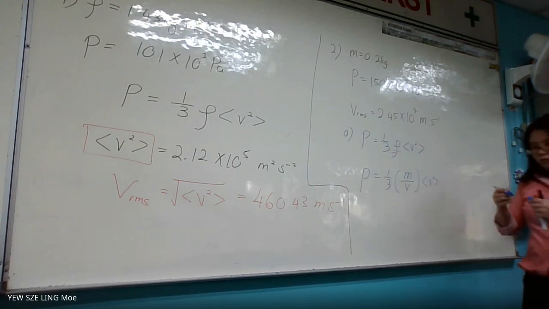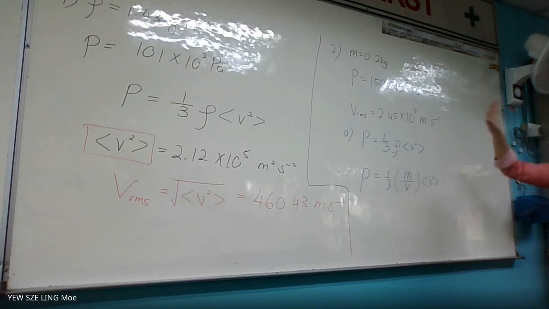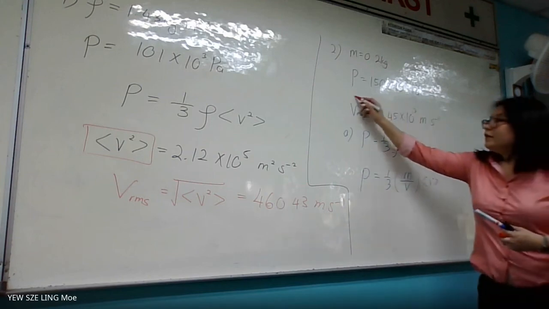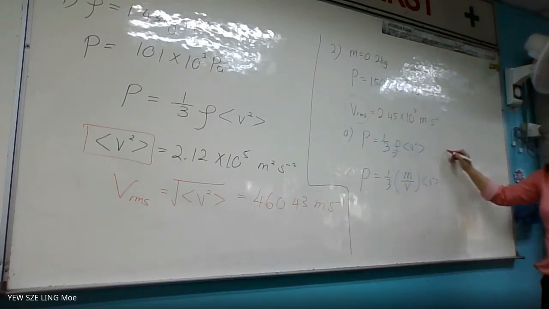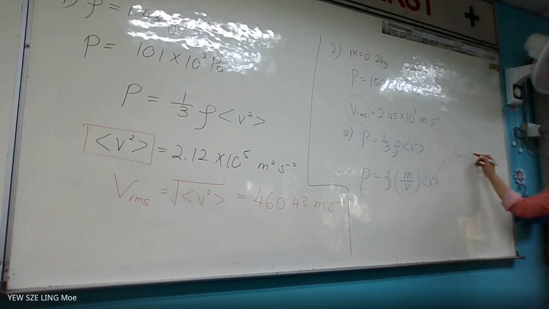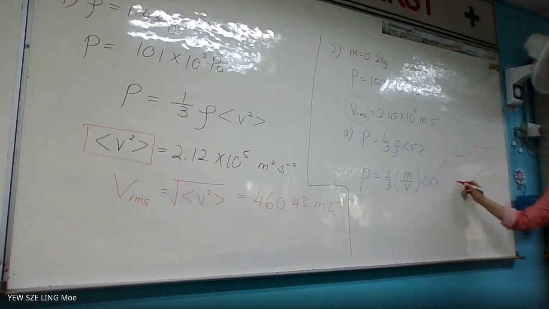But if you look at the question carefully, I have the value for V_rms. And we know the relationship between V_rms and v squared is that V_rms is equal to the square root of mean v squared. Rearranging the equation, the mean square speed is equal to V_rms squared.